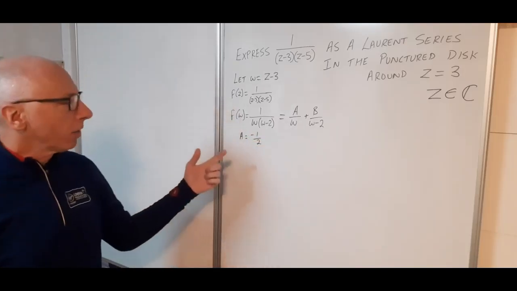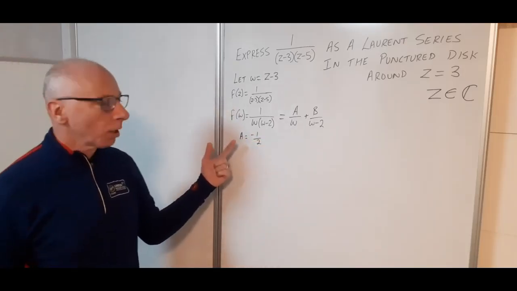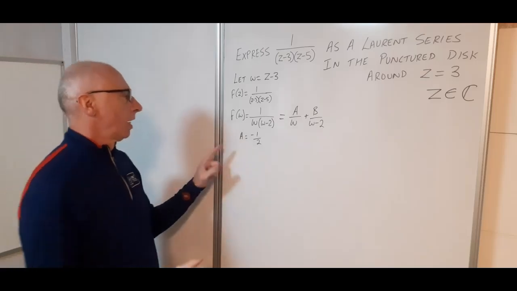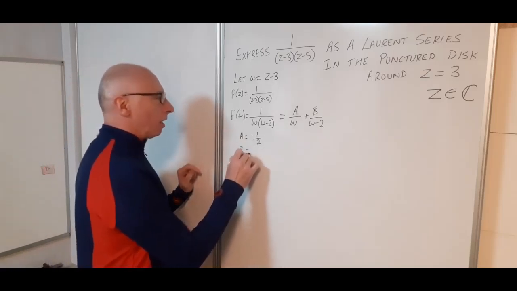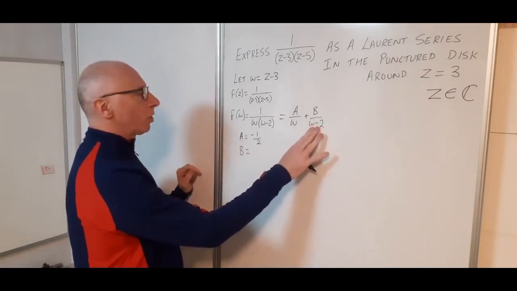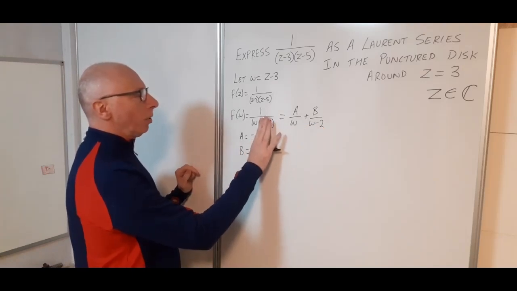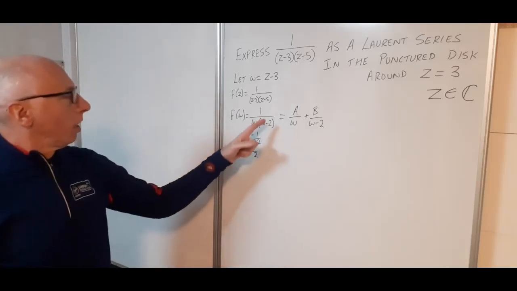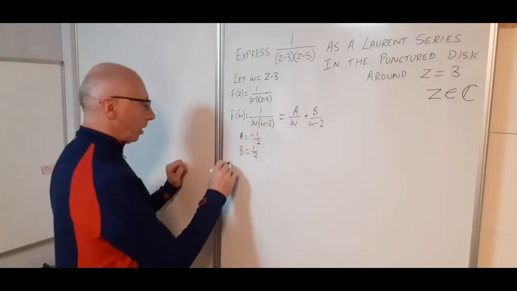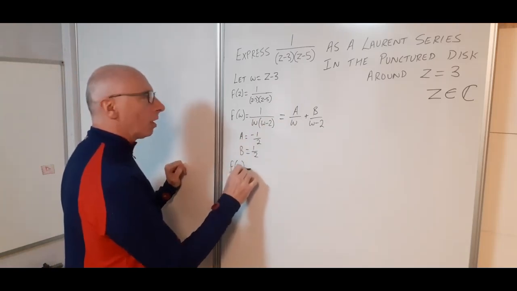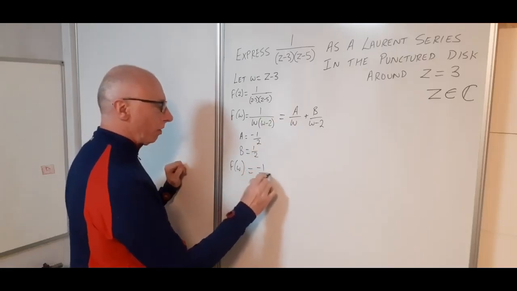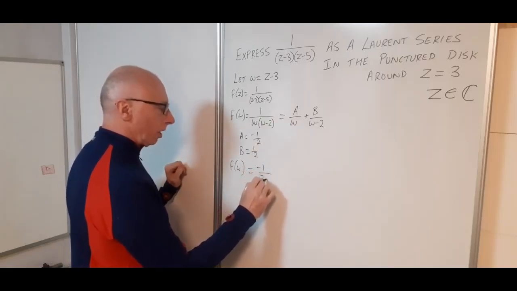If you're unsure of how the cover up method and partial fraction decomposition works, check the link below. I've got loads of examples for you. And then for b, cover up w minus 2, we want w to equal 2. Plug in 2 here, we've got a half. So now our f of w becomes a is minus 1/2, so that's minus 1 over 2w.